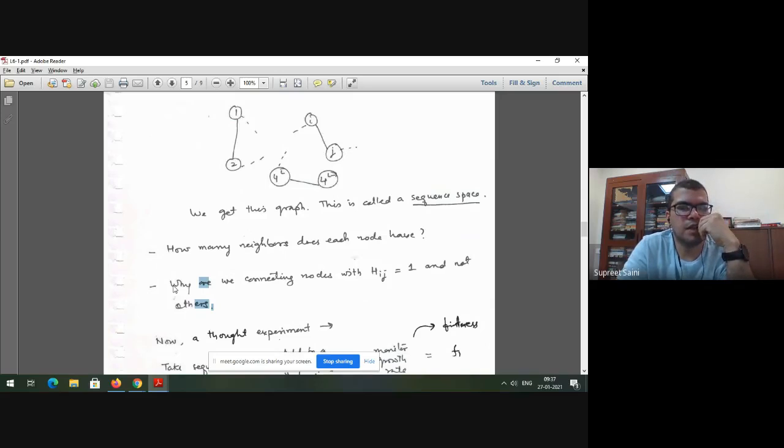But other than the example of RNA viruses, mutation rates are small enough that you only need to worry about connecting nodes separated by Hamming distance equal to 1.